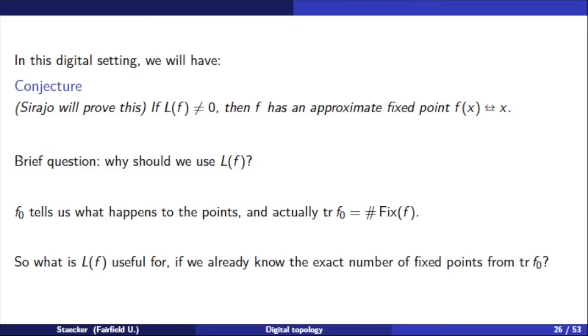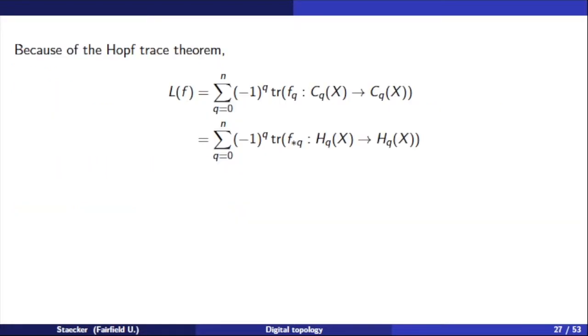What's useful is the homotopy properties. Because of the Hopf trace theorem, this sum in the chain groups is the same as in the homology groups, but the homology groups preserve properties with respect to homotopy. So the sum in the homology is invariant under strong homotopy of the function. And this is why the Lefschetz number is interesting, not just to count the number of fixed points.